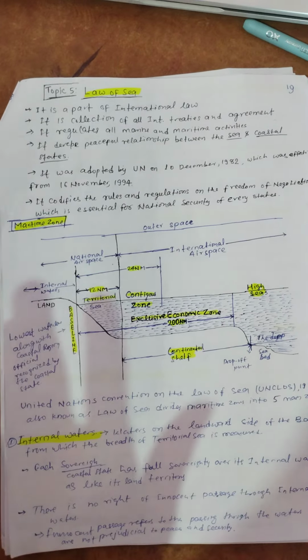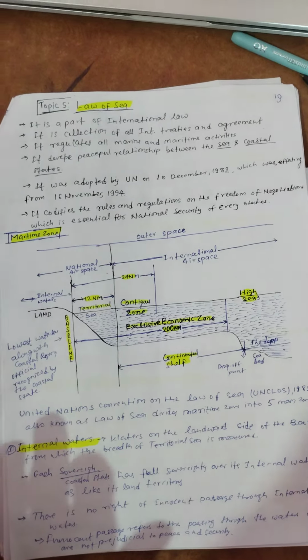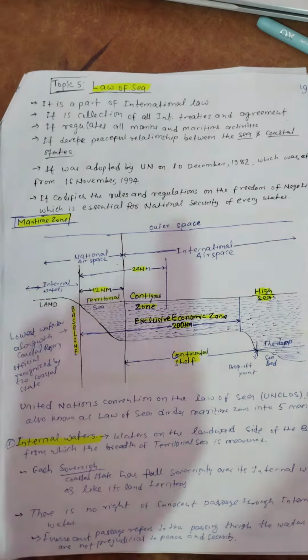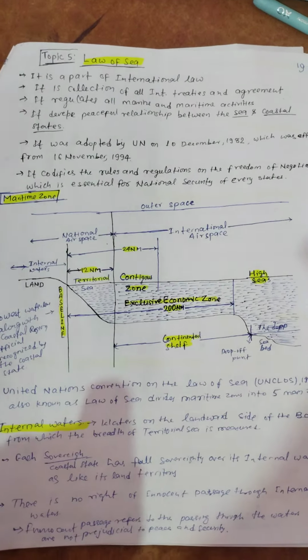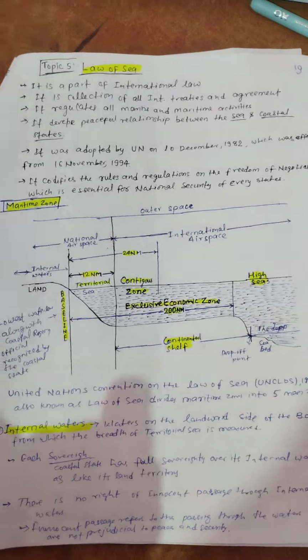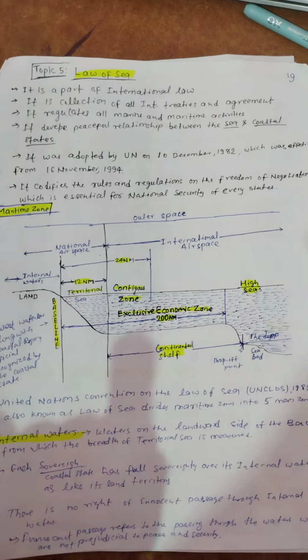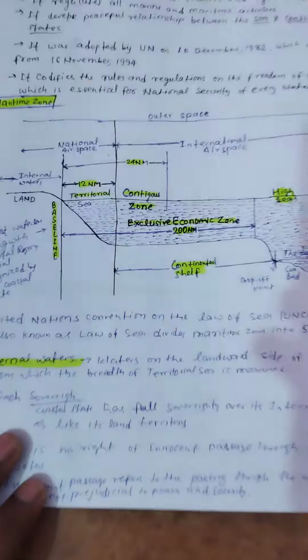It was adopted by the United Nations on 10 December 1982, and came into effect from 16th November 1994. It codifies the rules and regulations on the freedom of navigation, which is essential for the national security of every state.